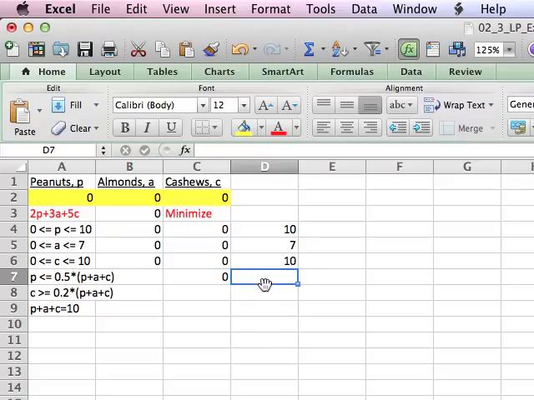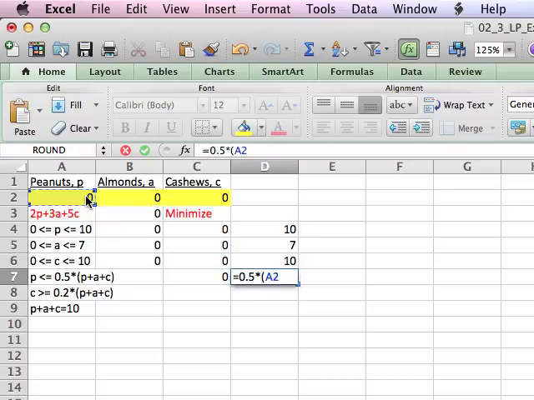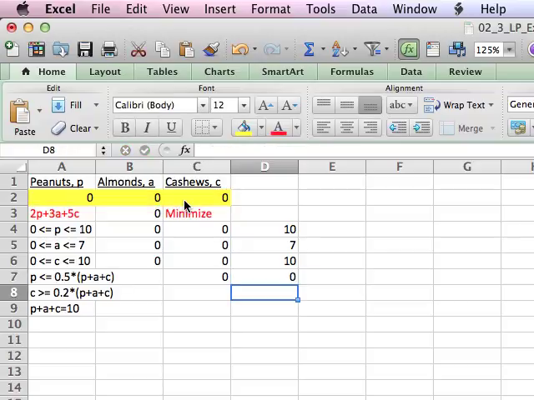So for that upper bound, I'm going to type equals and then 0.5 times P plus A plus C. Close it off with the parenthesis, hit enter.